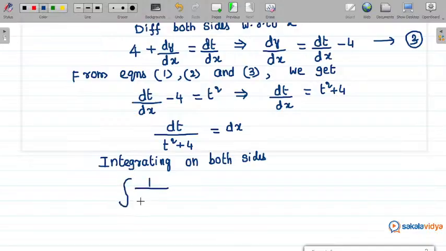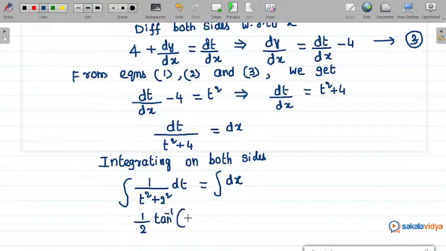Integrating on both sides, what do we get? Integral of 1 upon t square plus 2 square dt equal to integral of dx. Do you have any idea what is the integral of 1 by t square plus 2 square dt? Yes, this is nothing but 1 upon 2 tan inverse t upon 2 is equal to integral of dx, which is x plus c. So, my dear students, please remember this concept, this is very important.